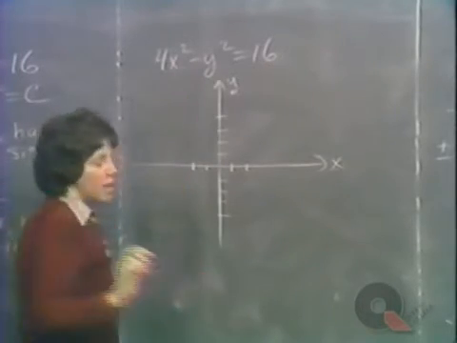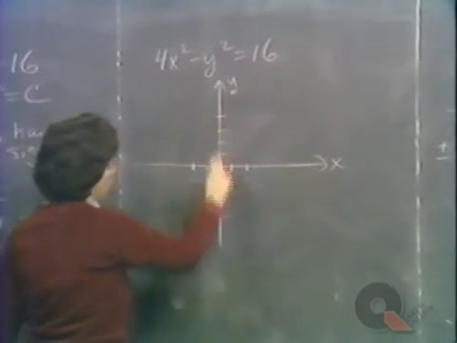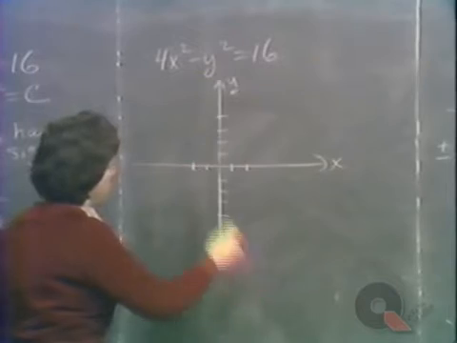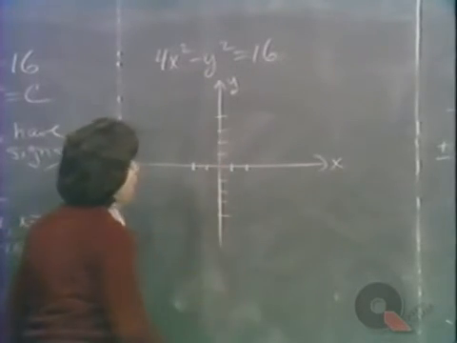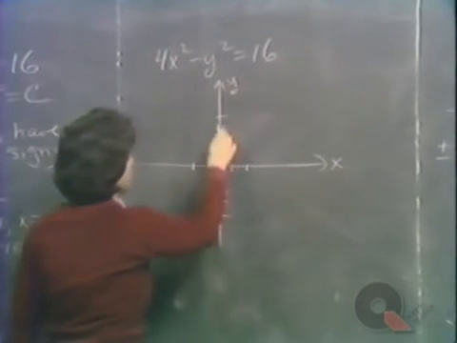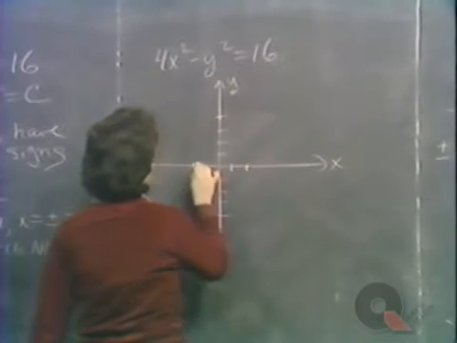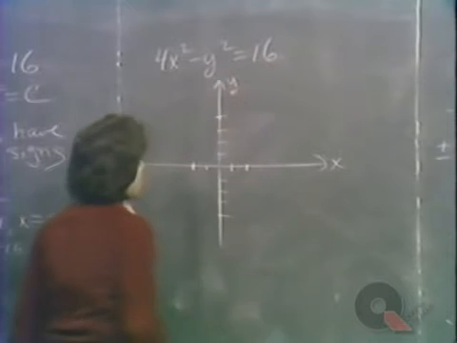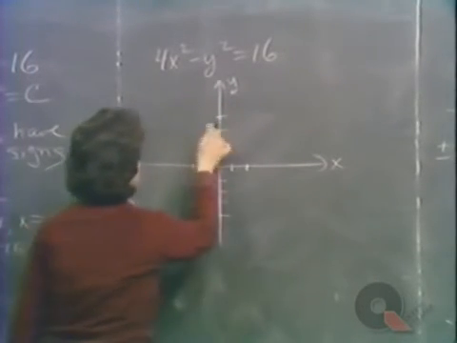However, we have a minus sign. It's a hyperbola. These 4 points, the 2 x-intercepts that really are there, and the points on the y-axis that are not intercepts but would have been if this had been a plus, we connect these 4 points. We draw a rectangle that goes through these 4 points.